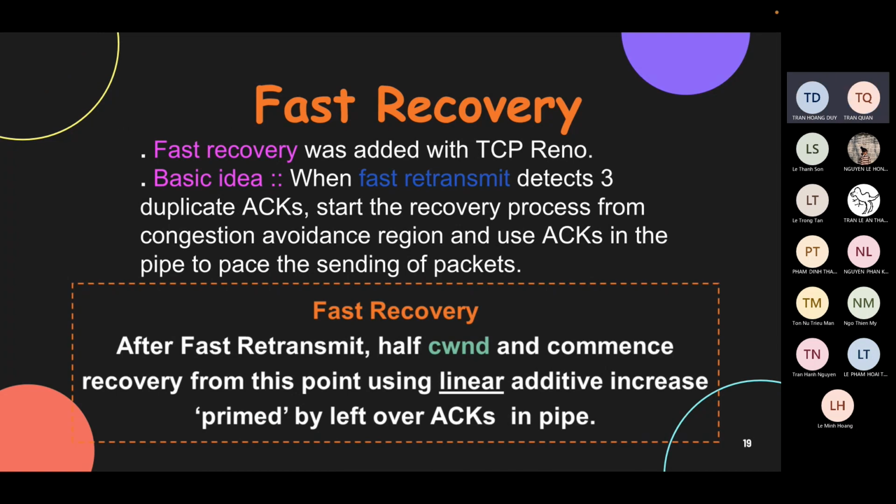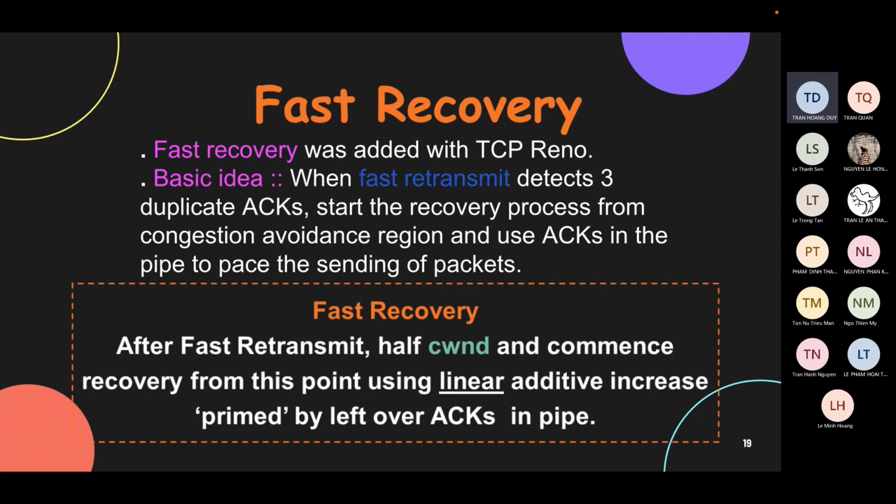First, fast recovery was added with TCP Reno. Basic idea: when fast retransmit detects 3 duplicate ACKs, start the recovery process from the congestion avoidance region and use ACKs in the pipe to pace the sending of packets.